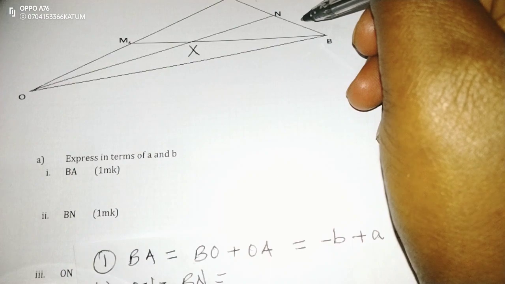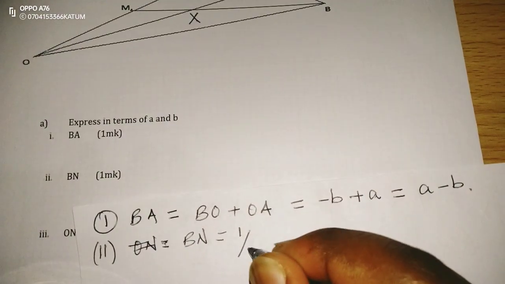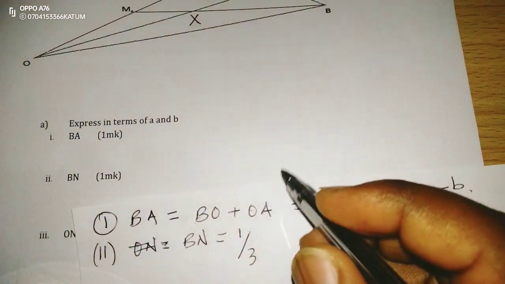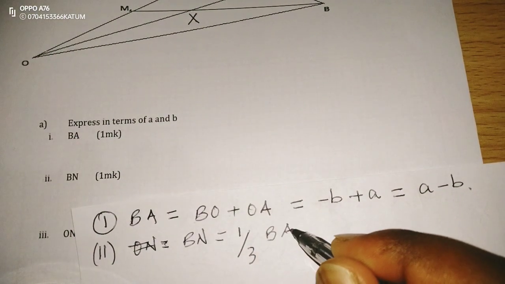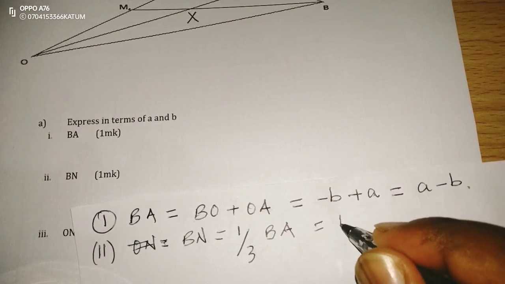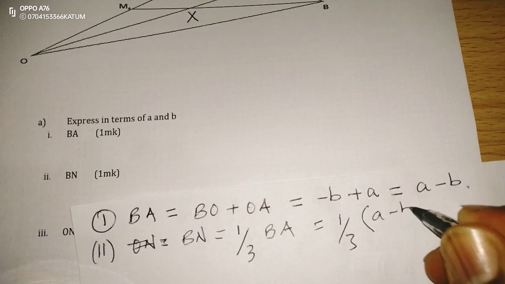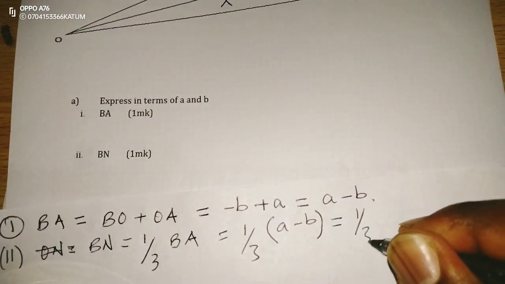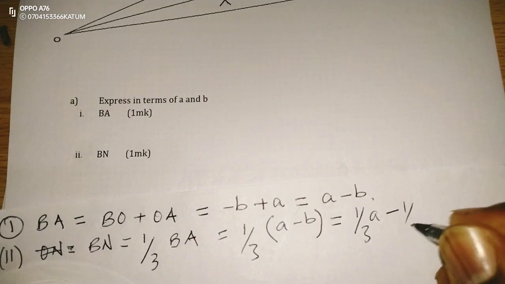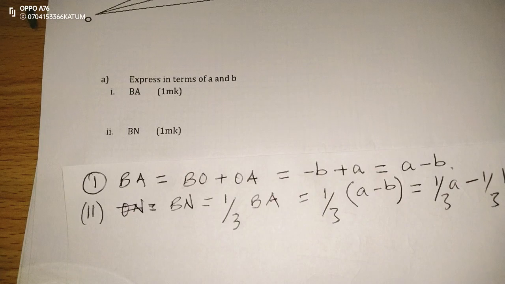Therefore, BN can be given as 1 out of 3 proportions of vector BA. Therefore, 1 out of 3, vector BA has already been determined. So this is going to be a third A minus a third vector B. So that is how we get the second vector.